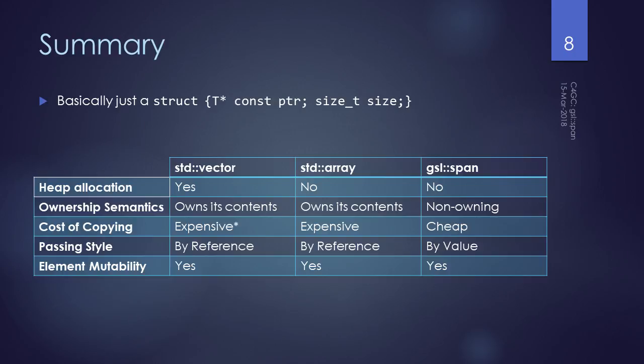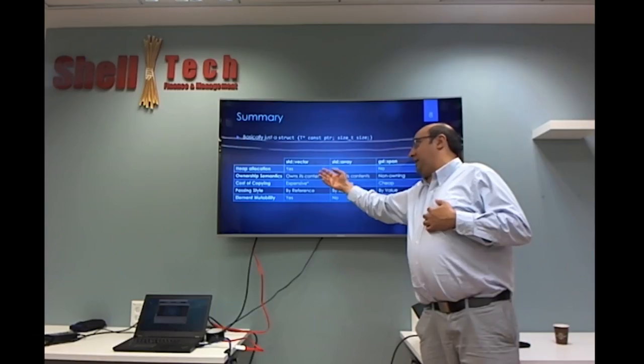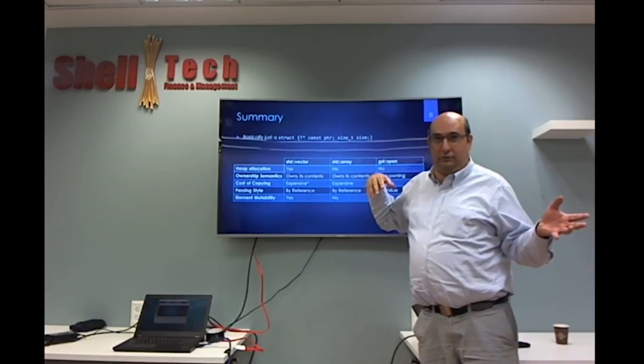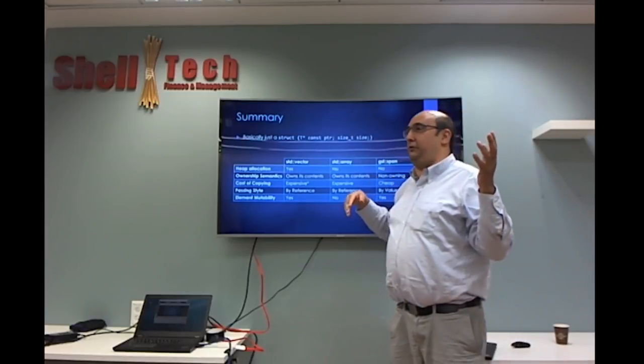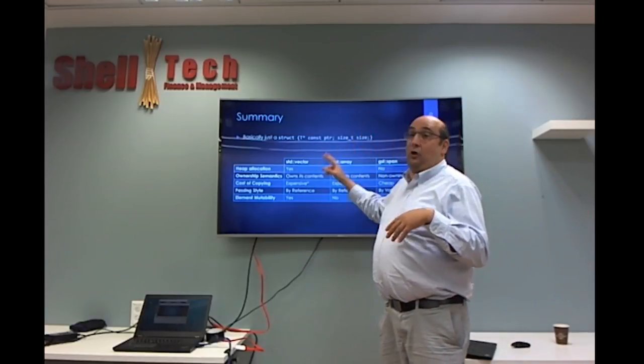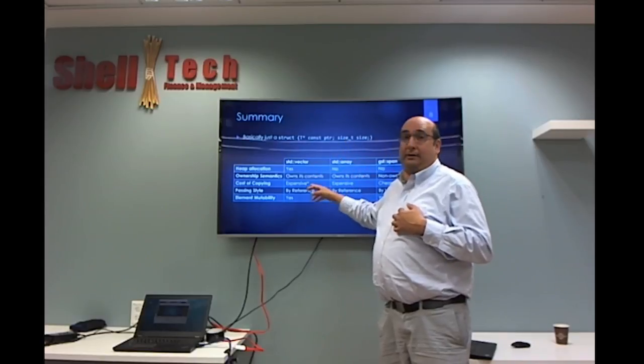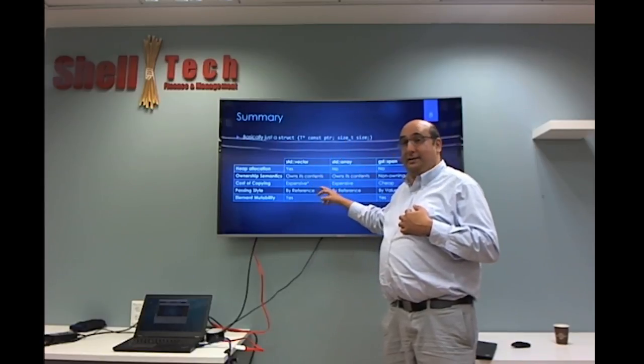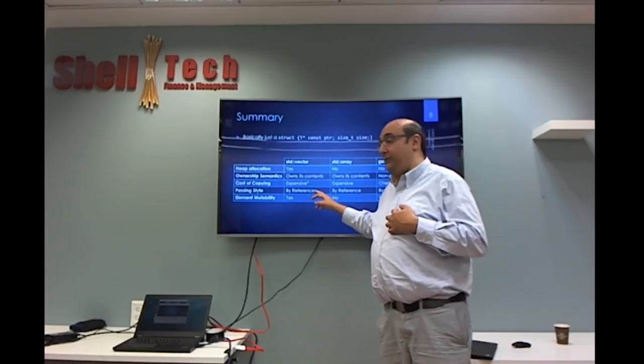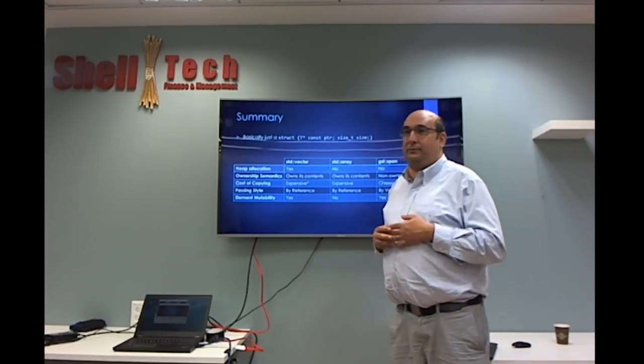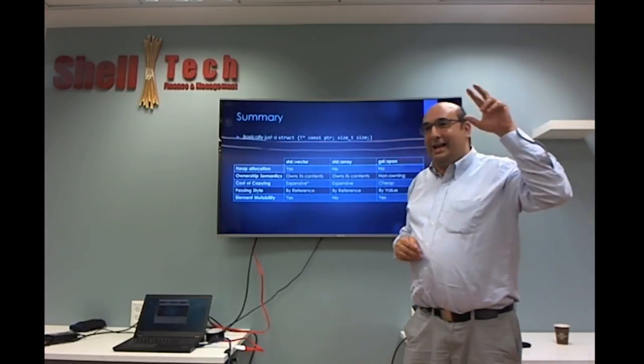Vector is the most flexible, but it allocates on the heap, although you can control it if you know how to deal with allocators. It owns its content, but copying is expensive, therefore you pass vector by reference. The star is from mutability, I suppose. The star there, yes.